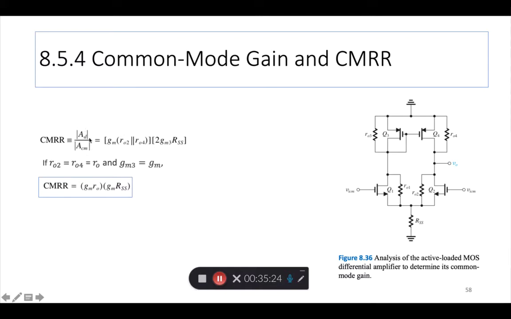You can do this, or you can even further simplify, it has this simple form GMRO times GMRSS. Okay? And what is RO? The intrinsic output resistance is nothing but RO2, RO4. We assume they are the same. And you come up with a formula for CMRR.